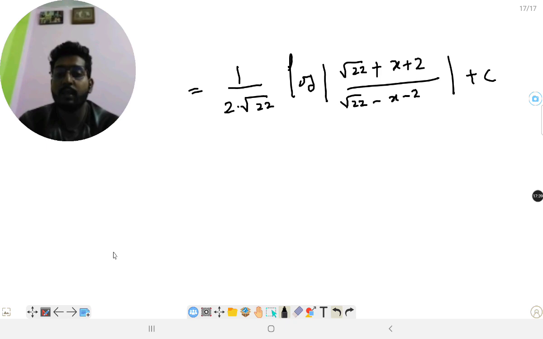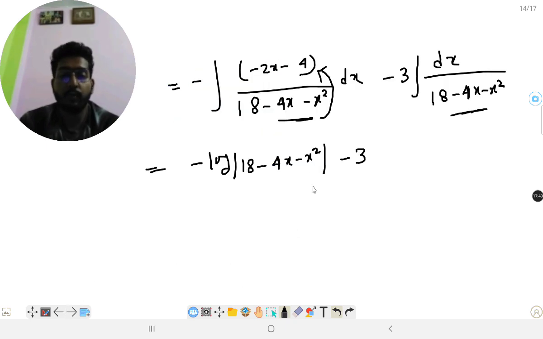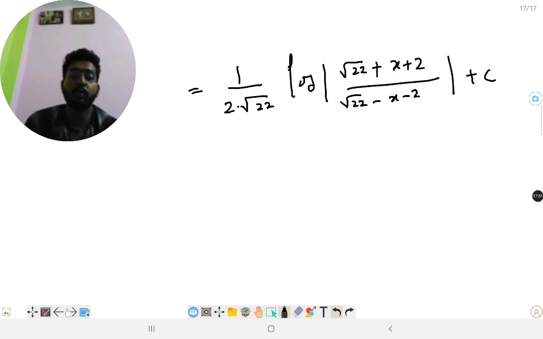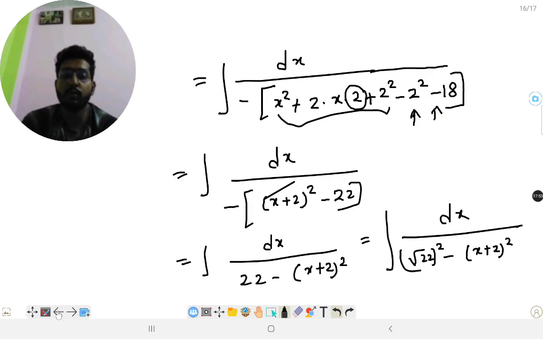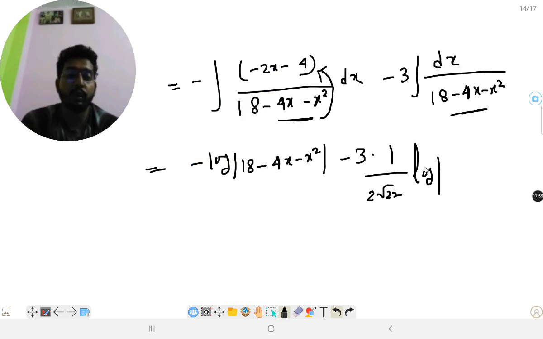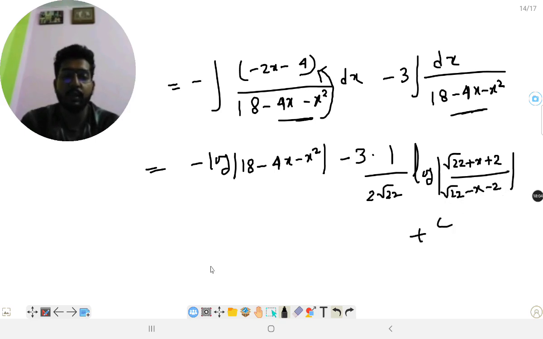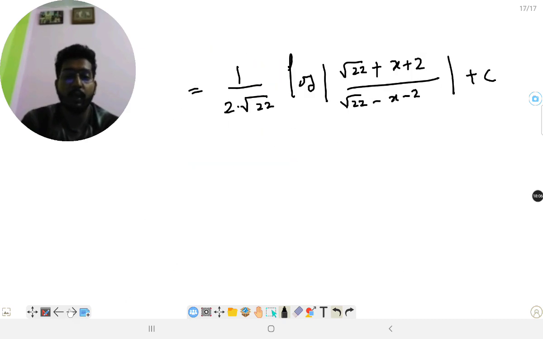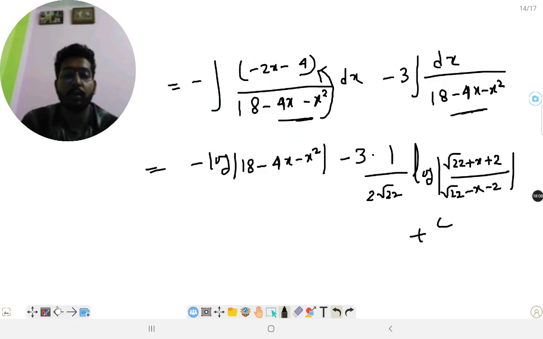So the answer is here 1 by 2 root 22 log mod, now here the numerator is root 22 plus x plus 2, divided by root 22 minus x minus 2, and plus 6, like this. So that will be the answer.